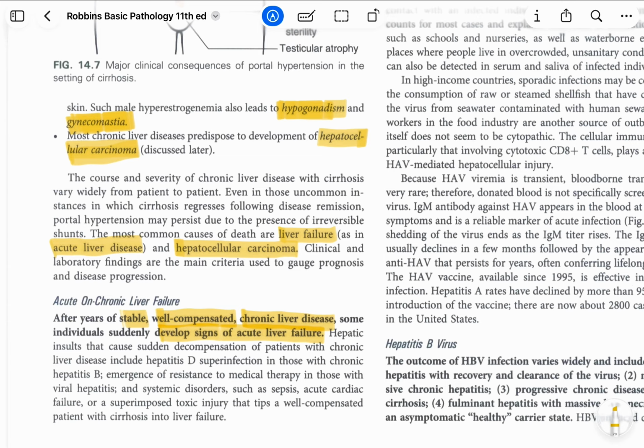It could be due to a hepatic insult that causes sudden decompensation of patients with chronic liver disease, including hepatitis D superinfection in those with chronic hepatitis B, or emergence of resistance to medical therapy in those with viral hepatitis, and systemic disorders such as sepsis or acute cardiac failure or superimposed toxic injury that tips a well compensated patient with cirrhosis into liver failure. So the patient was well compensated, stable, but having chronic liver disease, and due to some insult, superimposed infection, it develops acute liver failure.